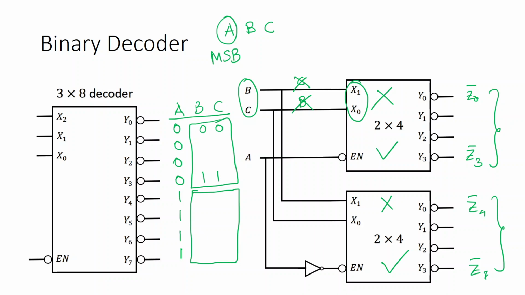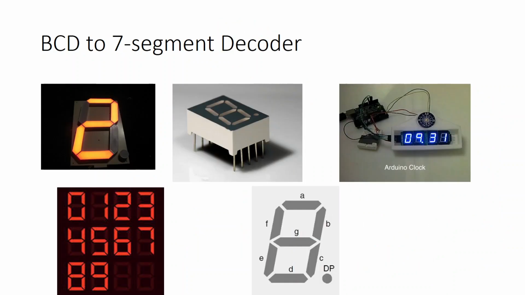So now the next is a BCD to 7 segment decoder. These are like the LED lights you have seen in a lot of places. These are called 7 segment displays. Now what is this? You are trying to light up a digit, showing a number which is the decimal value.